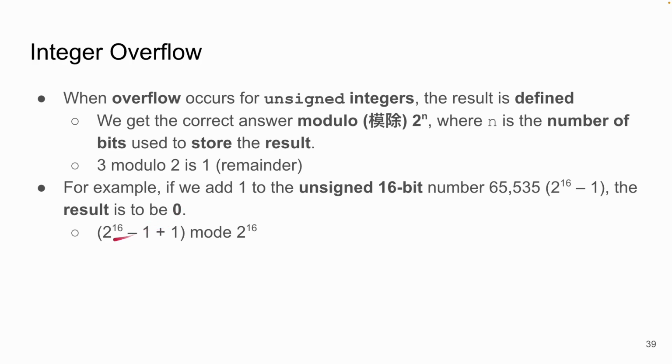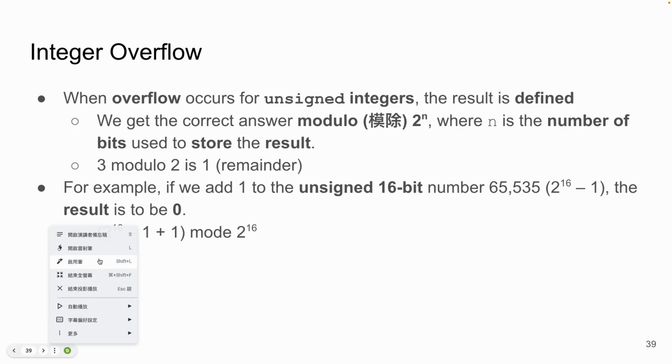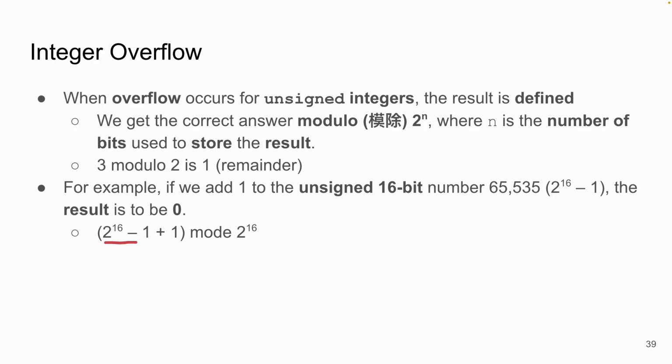This is the maximum number of a 16-bit unsigned integer, right? And then we add 1 to it.